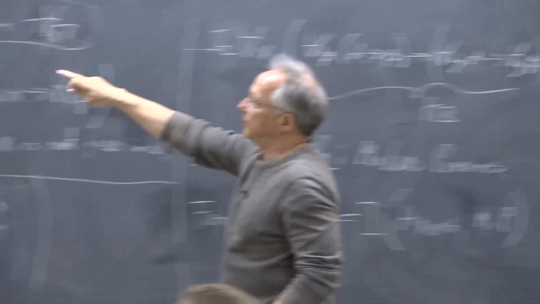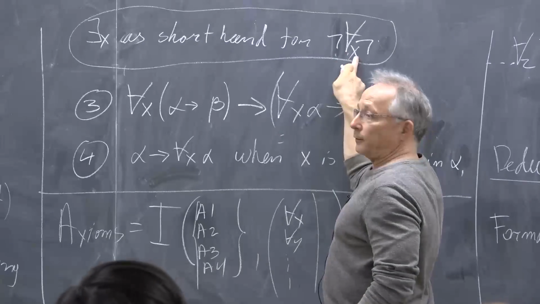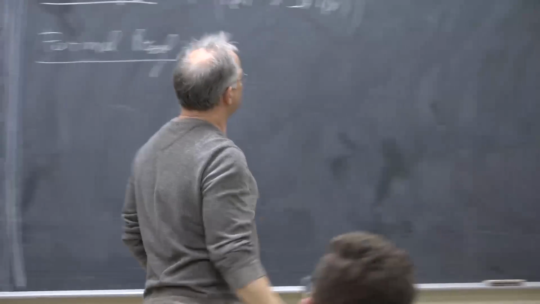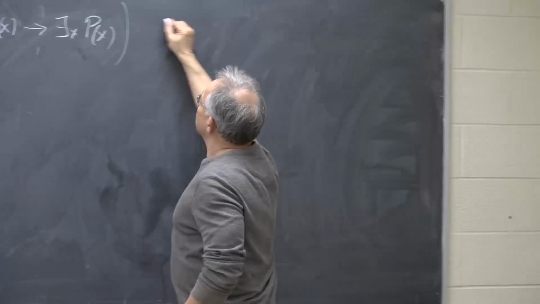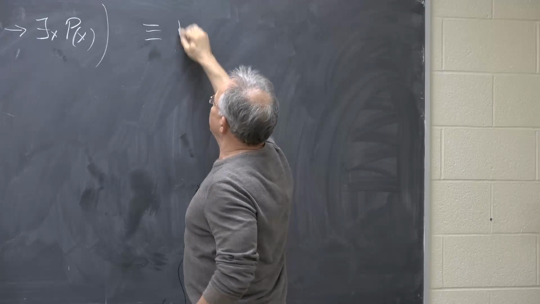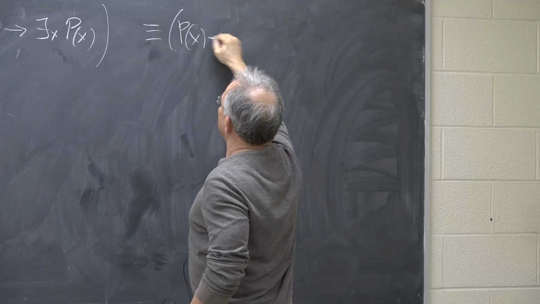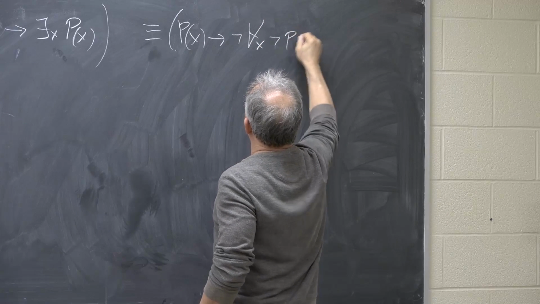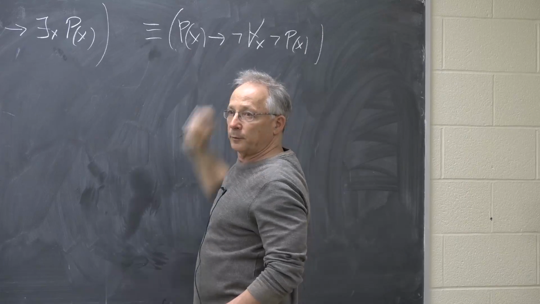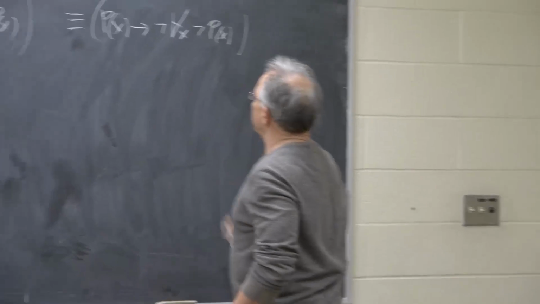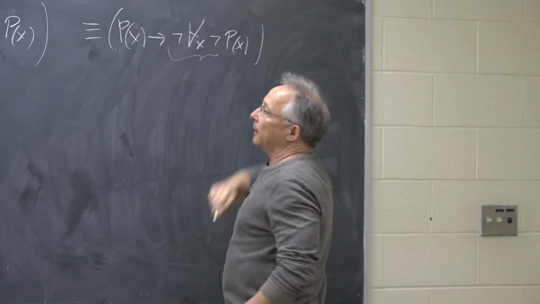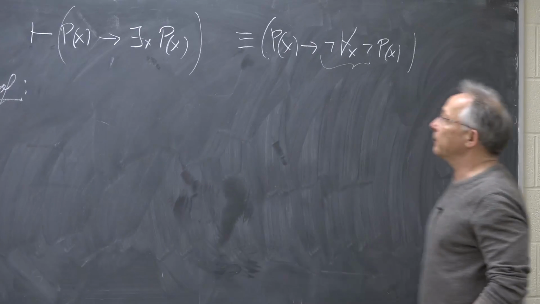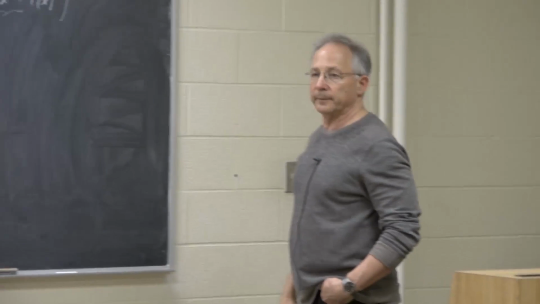The there exists is only shorthand for this. So actually what I want to prove formally is the formula P of x arrows not for all x not P of x. That's what I want to formally prove, because this is the actual meaning of there exists. So this is what I want to formally prove.